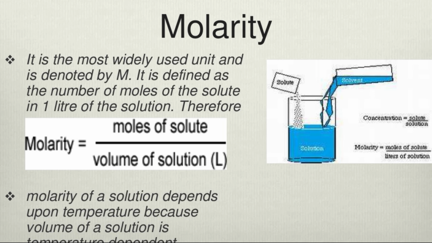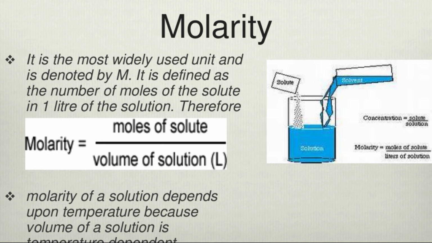This is molarity. Very important. Molarity means moles of solute per liter of solution. It is the most widely used unit and is denoted by capital M. It is defined as the number of moles of the solute in 1 liter of the solution.